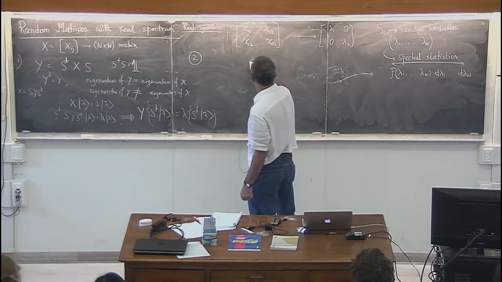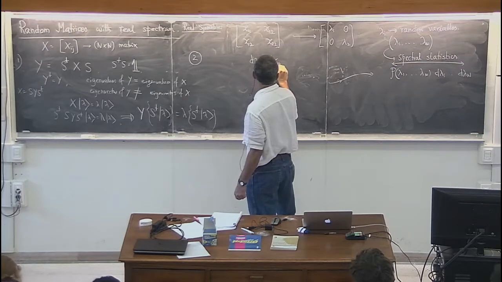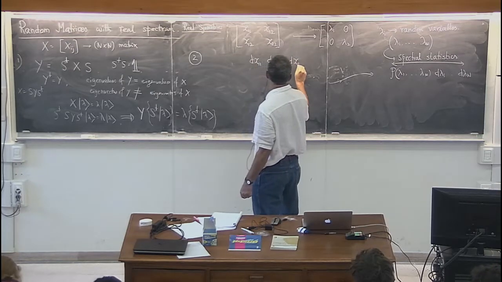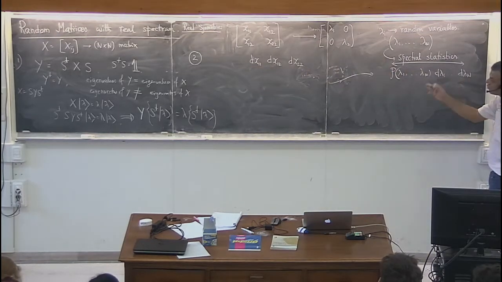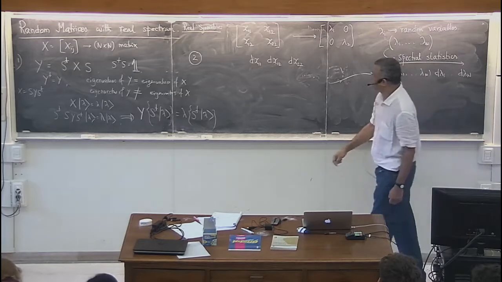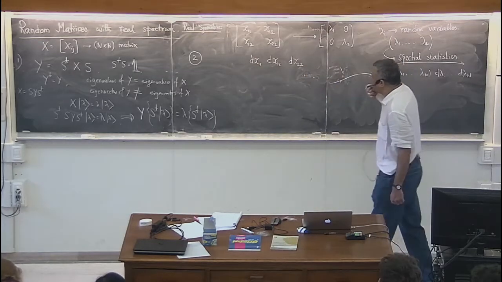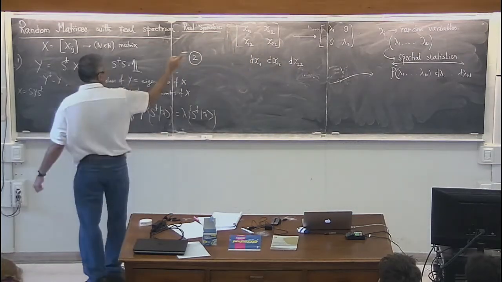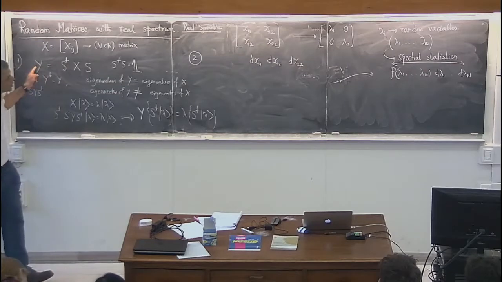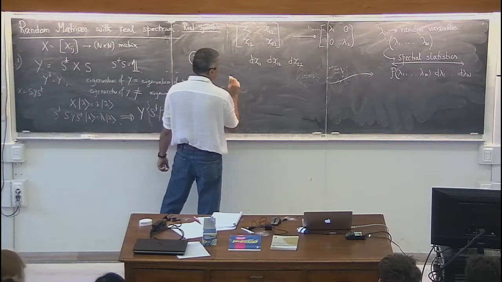So look at the volume element dx11 dx12 dx22. This is my volume element, whatever weight I'm going to assign. Okay. So think of it like a uniform distribution. Now, if I rotate this matrix, if I make a similarity transformation to this X and go to Y, as I said, Y is also going to be a real symmetric matrix.